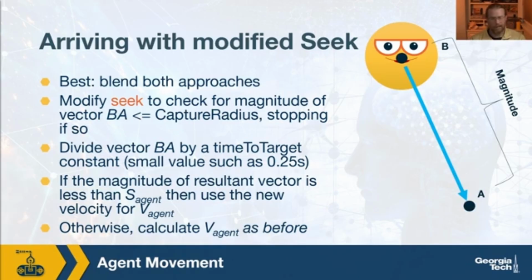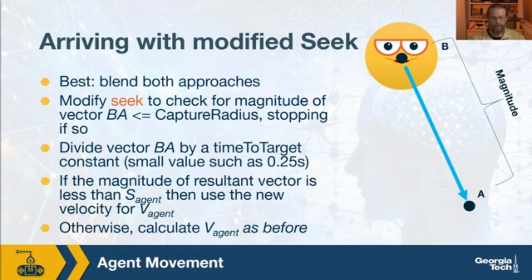If it is, then that's going to trigger an event that the agent has reached the target. So we'll probably have the agent stop moving, and maybe there'll be some sort of message or a flag gets flipped to denote that the agent has, in fact, finished the job of seeking.